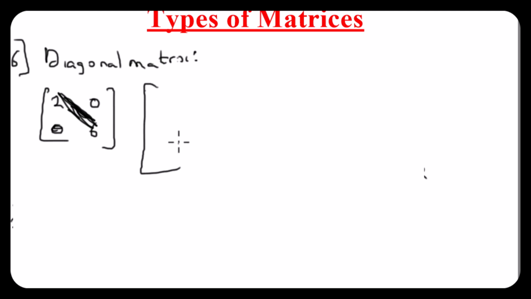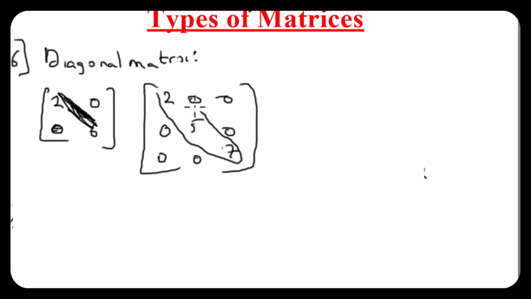Another example: let's say we have 2, 0, 0, then 0, 5, 0, then 0, 0, 7. You can see the diagonal has non-zero elements, but all the other surrounding members are zero. So this is a diagonal matrix.